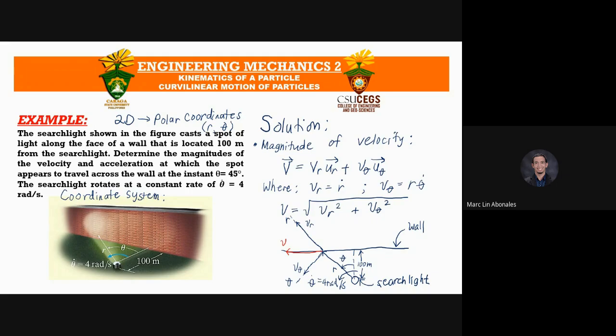So based on the figure shown here, which I drew based on the top view, what kind of figure can you see here? Triangle. What kind of triangle is that?